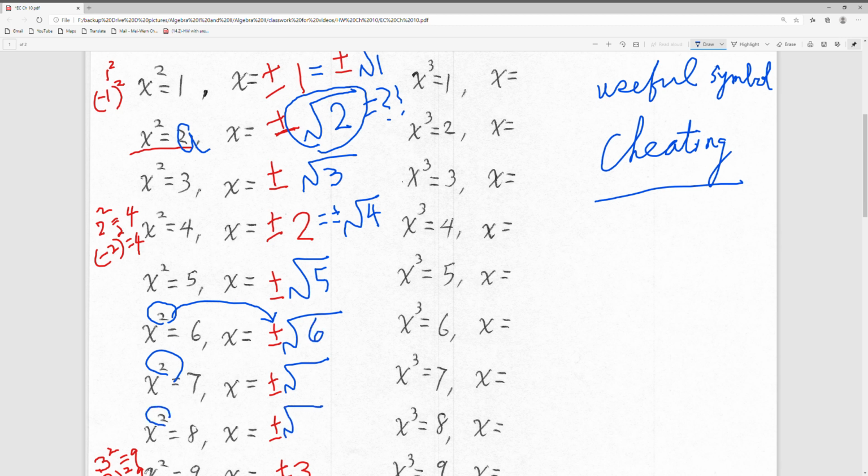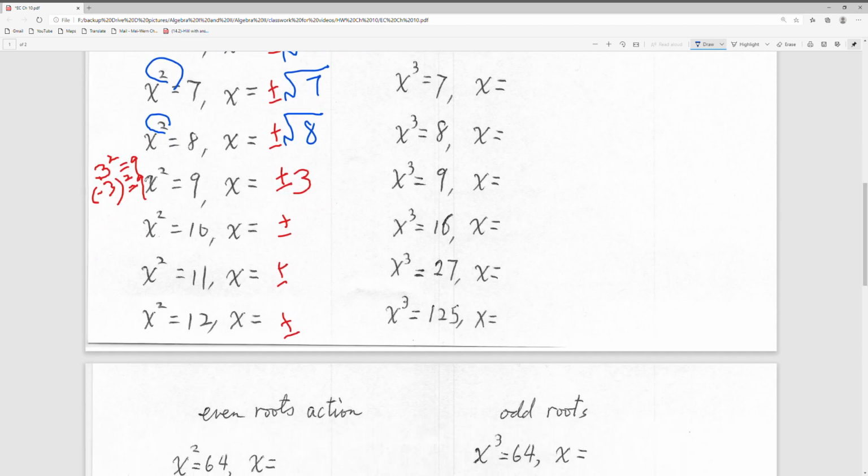So inside the square root, you just put the 6, 7, 8. Okay? And then here the square becomes positive negative square root. So you have 10, 11, 12. Okay? But remember, this symbol means positive.